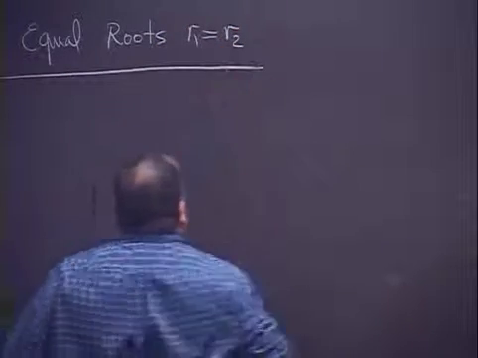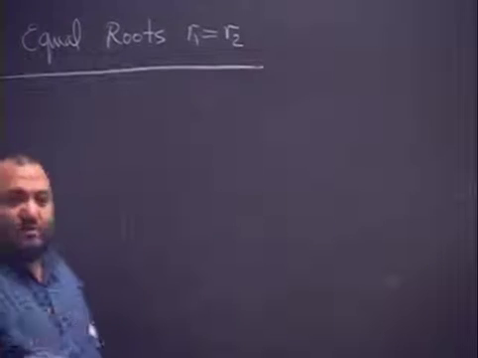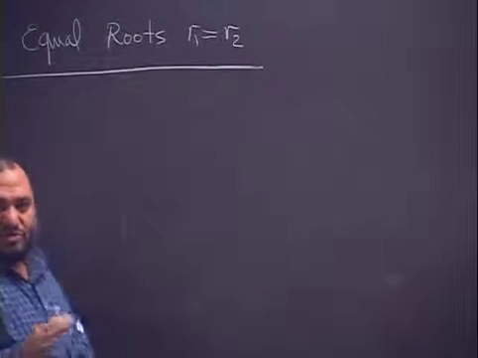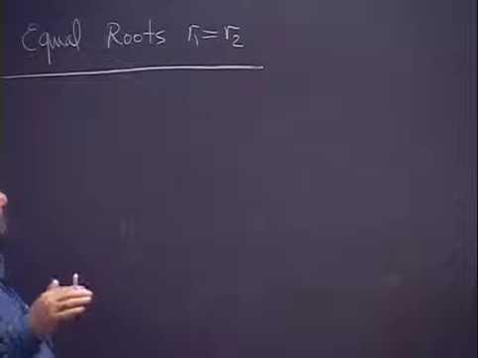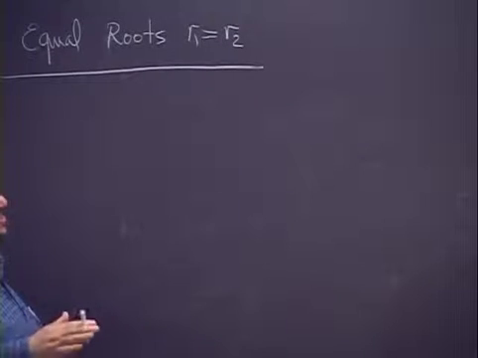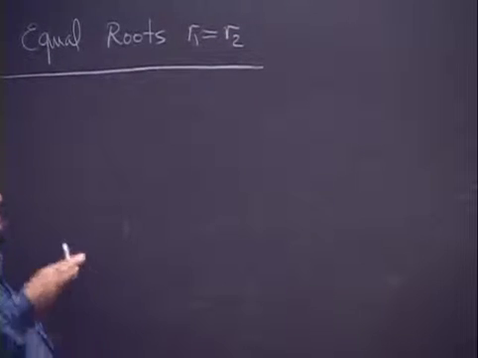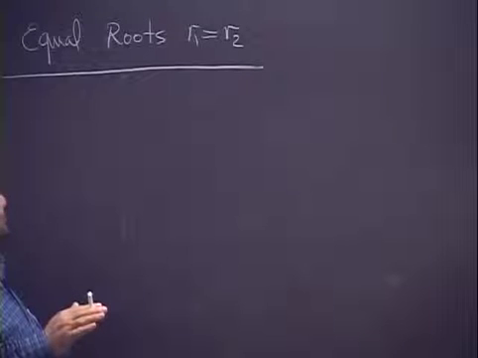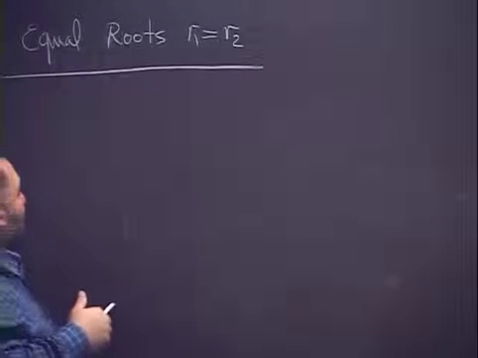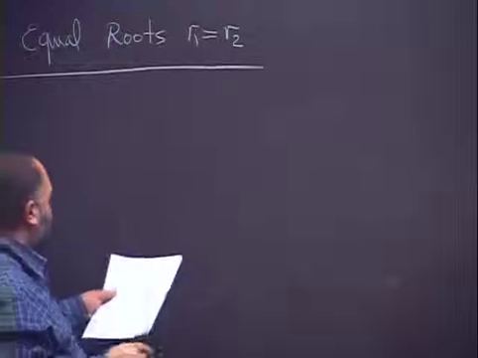So last time we checked the case for R1 not equal to R2, where the difference does not equal an integer. So now we will look for the case for R1 equal to R2.